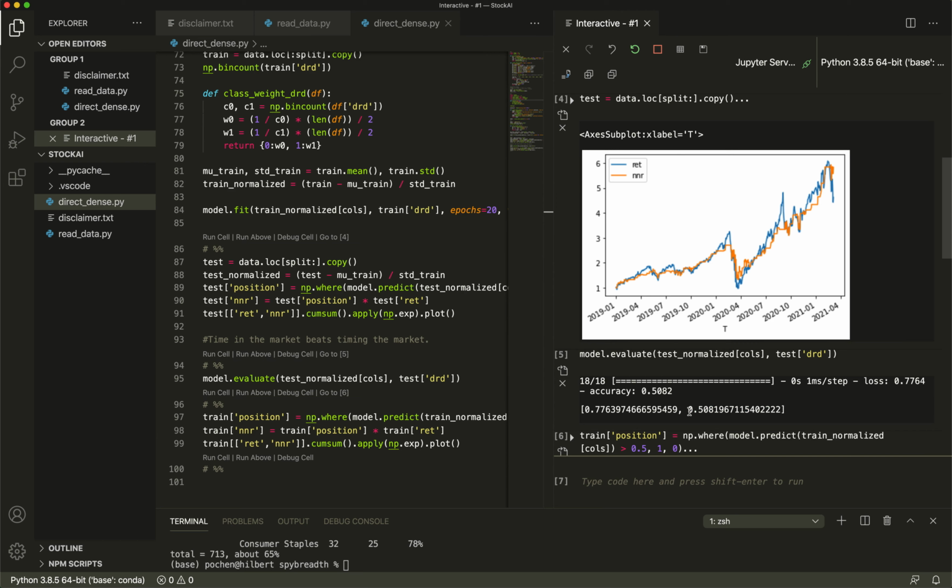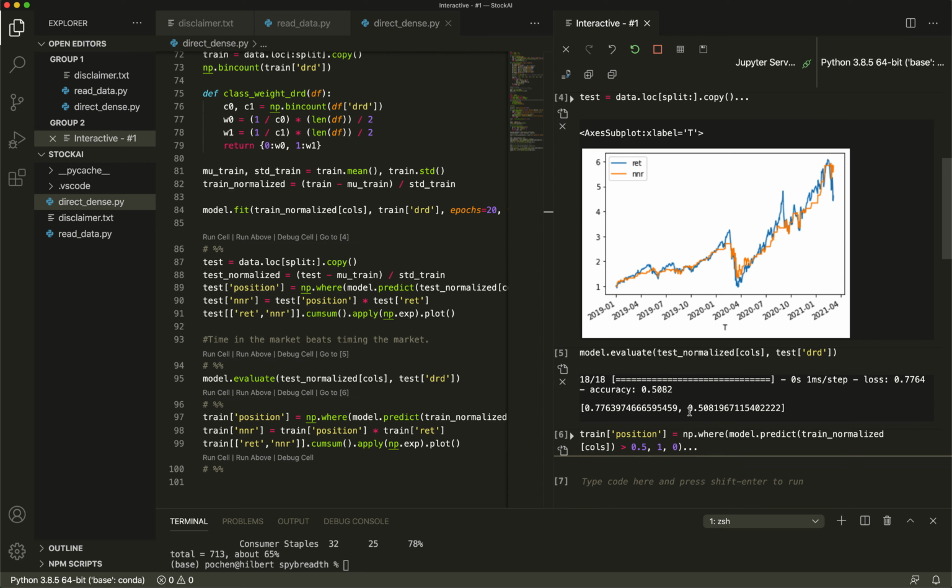Then we have to consider the 49% chance that our prediction is wrong. When our prediction is wrong, we also have to consider two scenarios, right? If the next day price actually goes up, but because our prediction is wrong our position is zero, that's a wrong prediction.